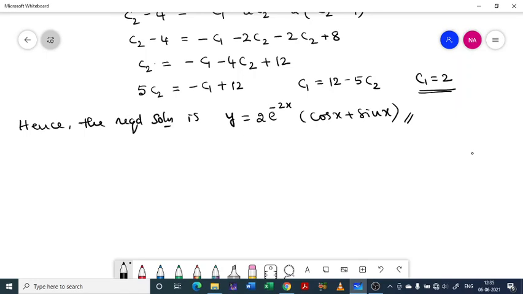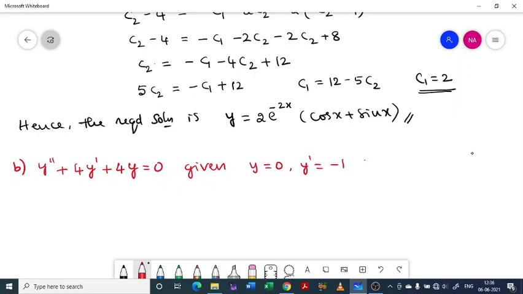So next, let us consider problem B. y double dash plus 4y dash plus 4y equal to 0, given that y equal to 0, y dash equal to minus 1 at x equal to 1.